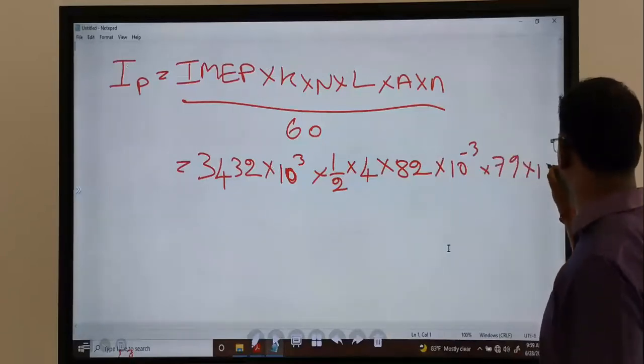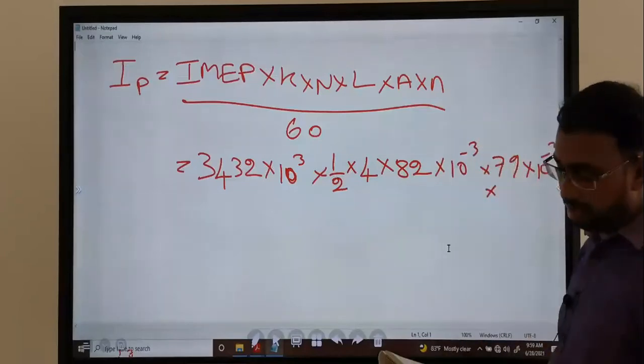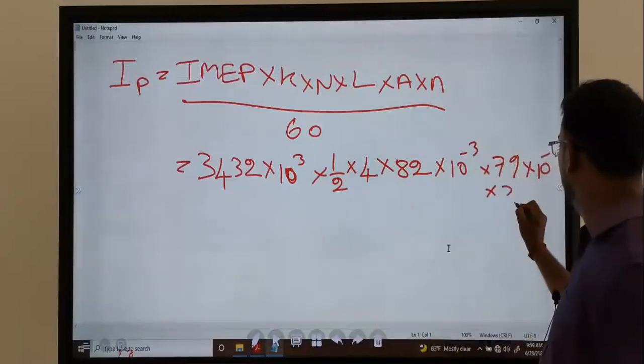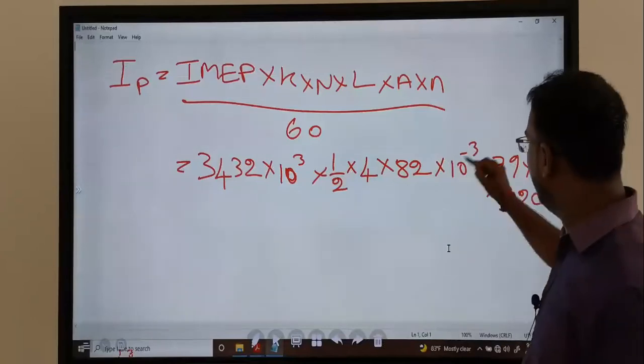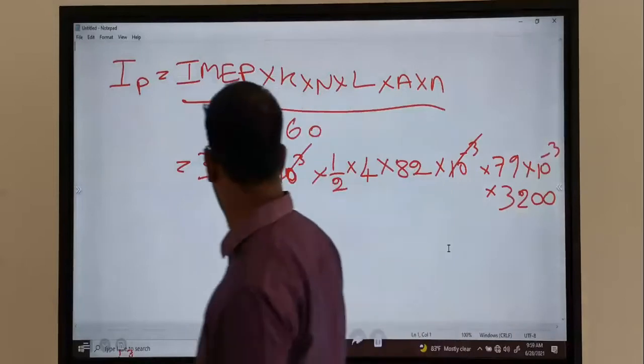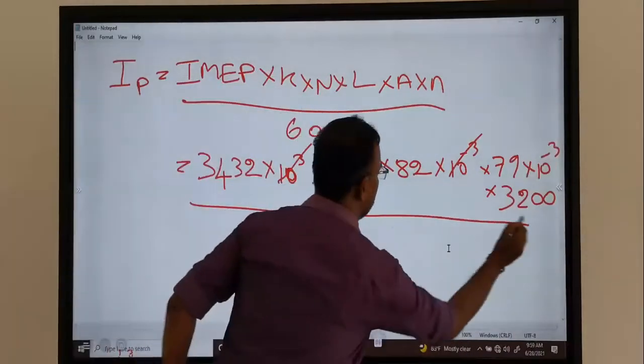A is 79 into 10 minus 3, into this N, which is the RPM of the engine, that is 3200. So we can cut here this 10 minus 3 and 10 cube, under 60.